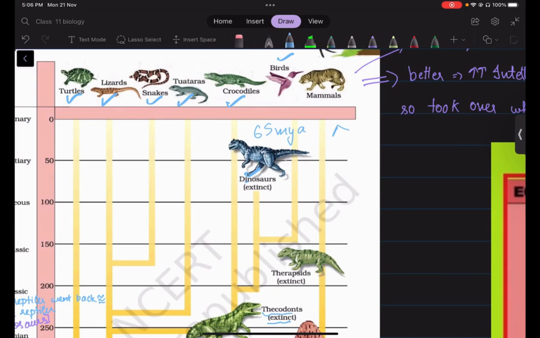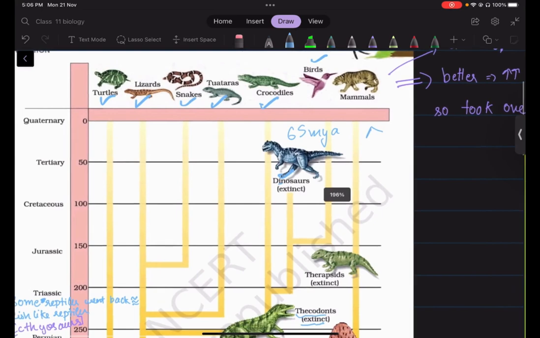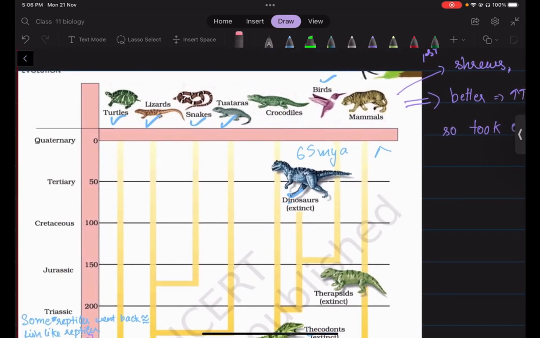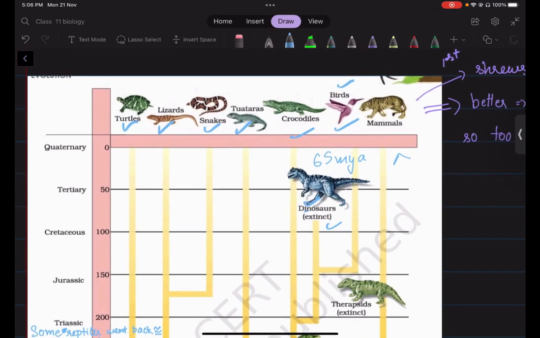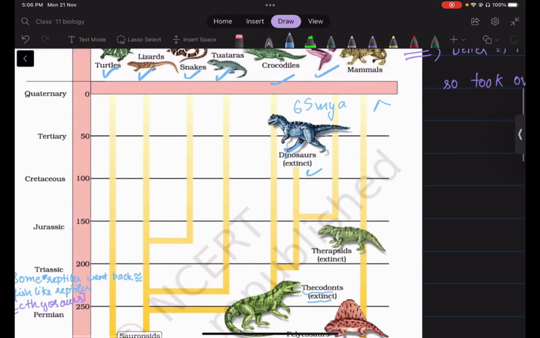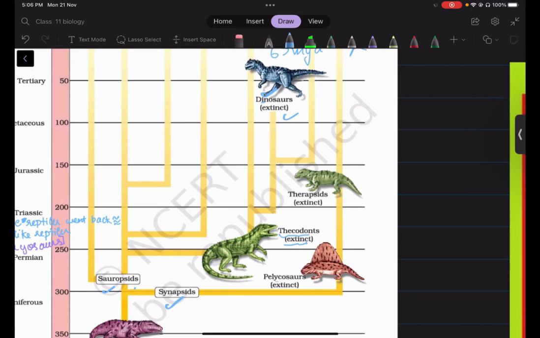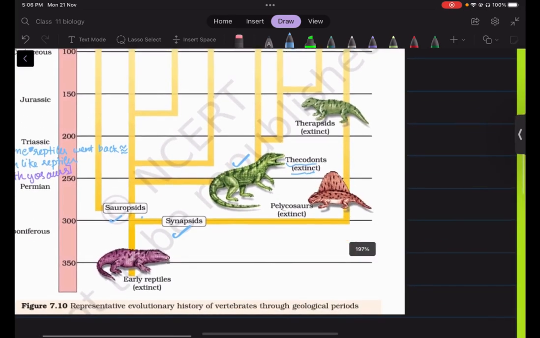Researchers say that it was due to the climatic changes happening during those times, so the dinosaurs completely got extinct. Another interesting fact is that birds, crocodiles, and dinosaurs are more related to each other than are snakes, lizards, and turtles, because they all came from a common ancestor, the thecodonts.